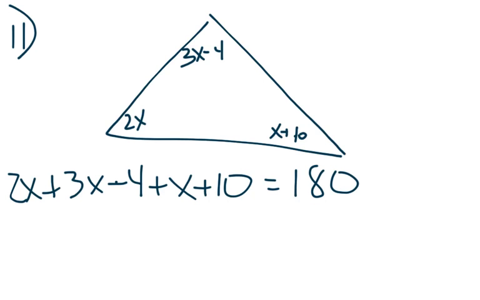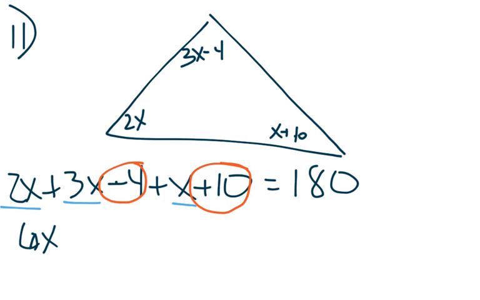And then we combine like terms, so we have 2x, 3x, and 1x. If we add that together, that is 6x. And then we have minus 4 and plus 10. So negative 4 plus 10 is positive 6. So 6x plus 6 equals 180.